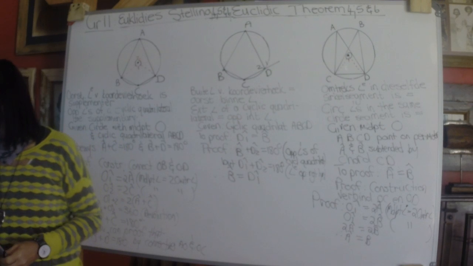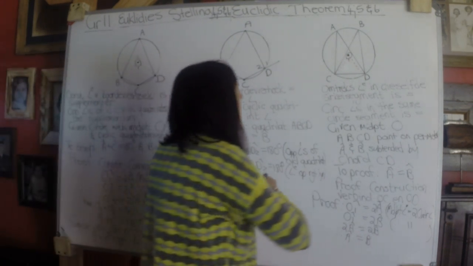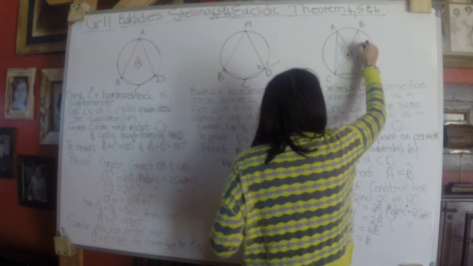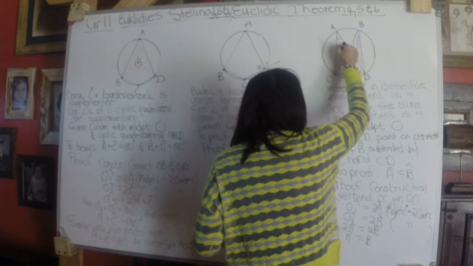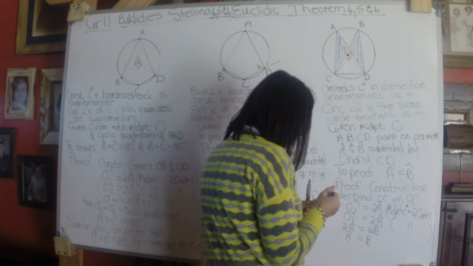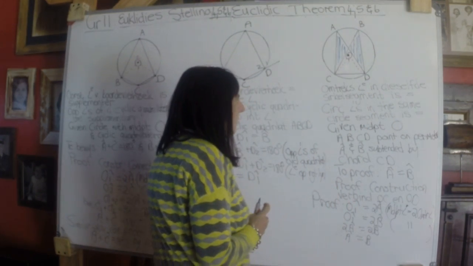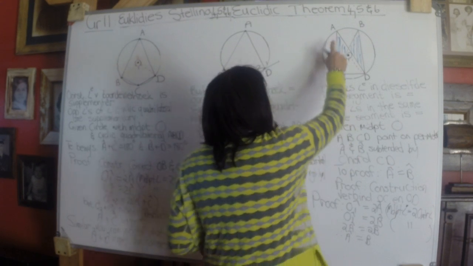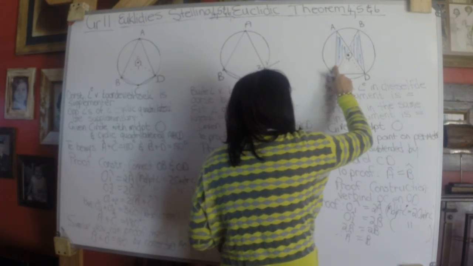Kyk net hierso graad 11, kyk hierdie strikdassie. Kan julle hierdie strikdassie sien? If you can see that bow tie, you always know you are busy with a cyclic quadrilateral, en dit is dan die omtrekshoeke wat gelyk is wat dit veroorsaak.